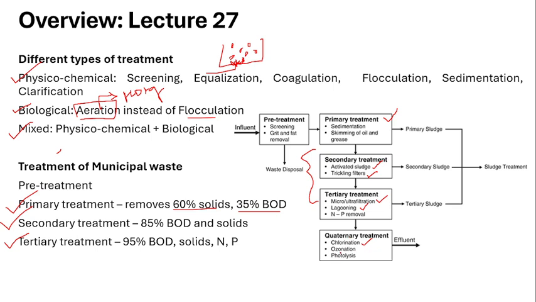Next is the ozonation where we use the ozone, and the photolysis. So it is not commonly used, using the light energy to kill the microorganisms. Finally, the treated water, that is the effluent, is coming out of the process. So these are the major treatment steps, types, and method types, and these are the percentage of BOD and COD removed from each process.